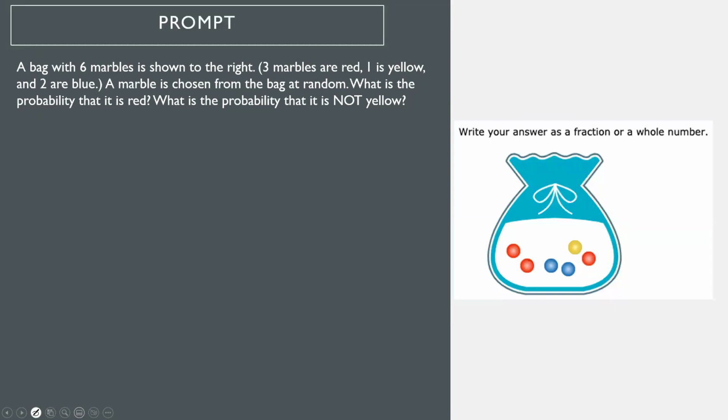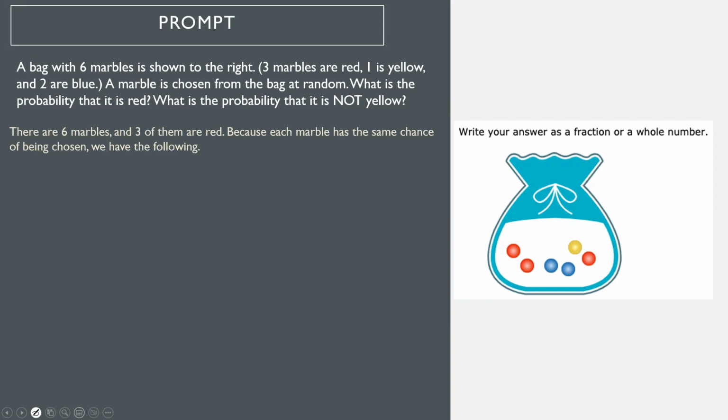Well, the probability that it's red, since there are 6 marbles and 3 of them are red, well, each marble has an equal chance. So we would have the following. Number of red marbles over total number of marbles, 3/6 is going to be equal to 1/2, or 50%.